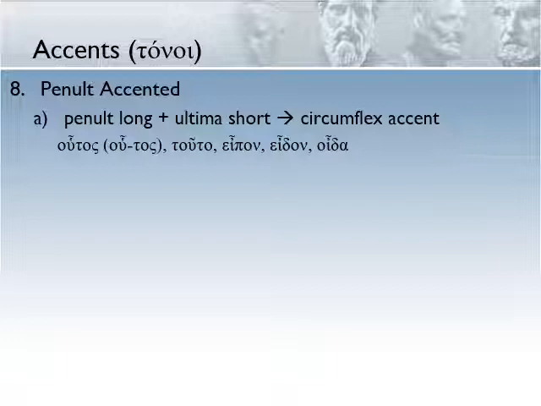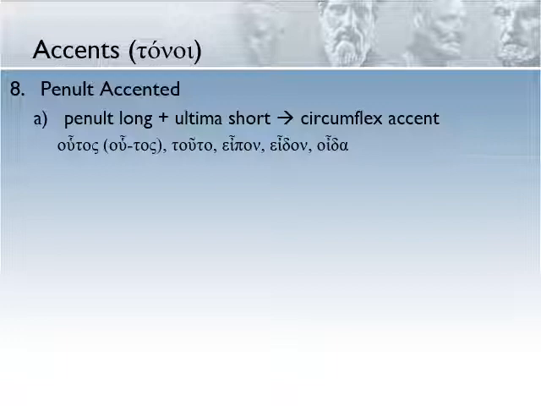The rule says that the circumflex accent can stand on a penult only if the ultima is short. So in this word, the alpha must be a short alpha, not a long alpha. So by knowing this word and knowing the rules, you can tell whether the alpha in the word either is long or short.